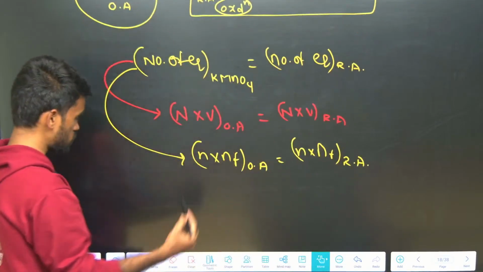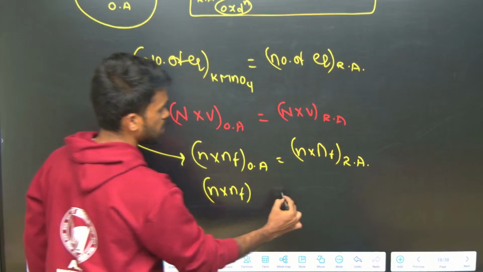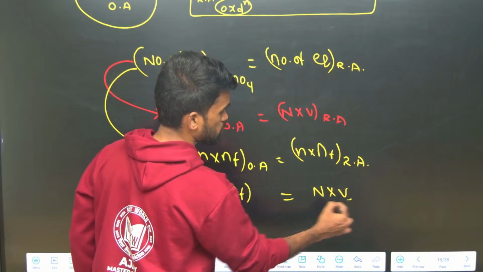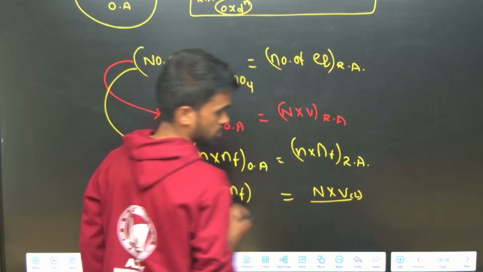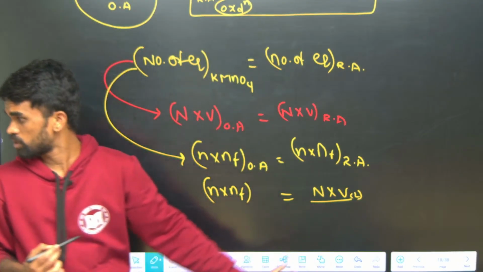Or you can use one as n into n factor and the other as normality into volume. The volume should be expressed in liters. If it is expressed in ml, divide by 1000. So this is what you need to make.